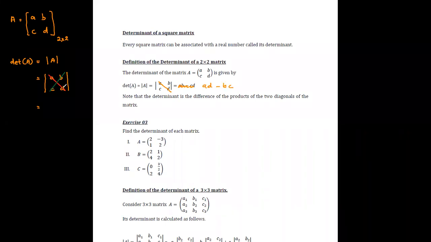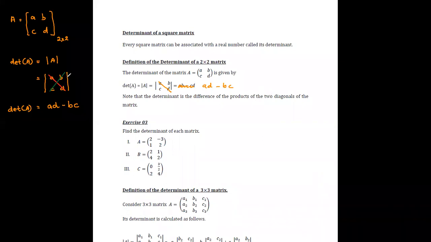Means first you are taking the product of the main diagonal elements. Here this will be equal to ad minus b times c. This is called the determinant of a matrix. Therefore, the determinant of the given matrix A can be obtained by taking the difference of the products of the two diagonals of the matrix.